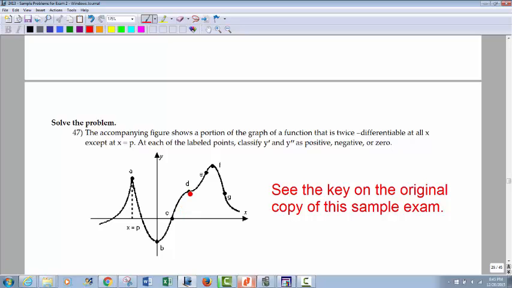Come up here to D. I'm going to assume visually that f prime of D is 0, and f double prime of D is also 0.